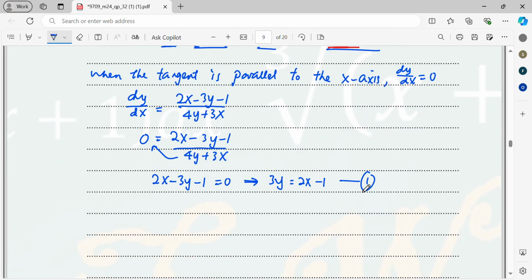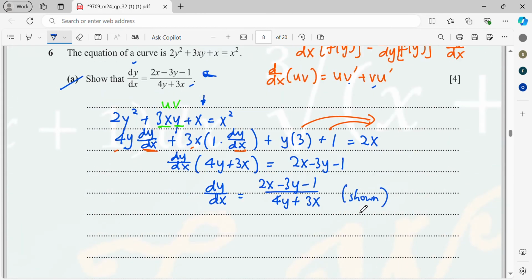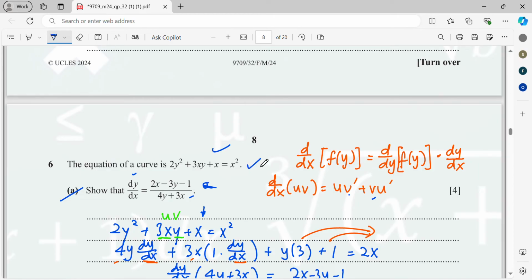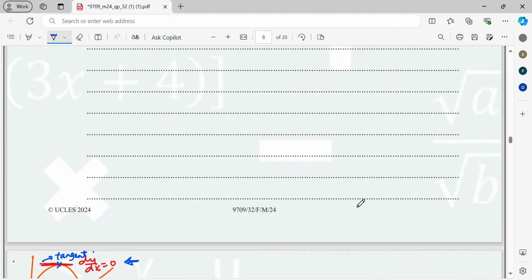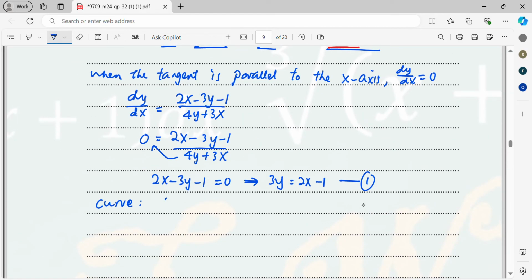So now I have to show that there is no intersection. So for the curve equation, I will just copy back: 2y squared plus 3xy plus x equals x squared. Let this be the second equation.